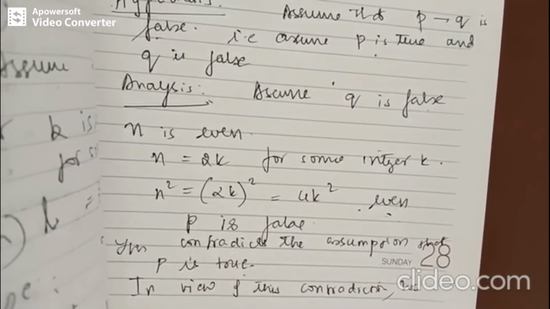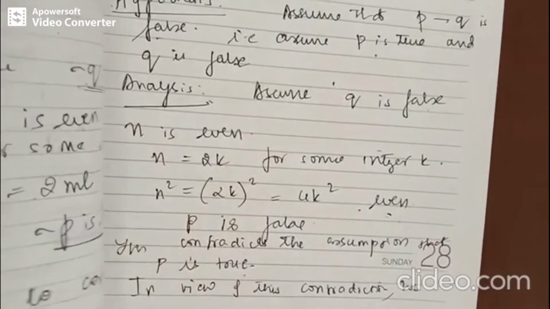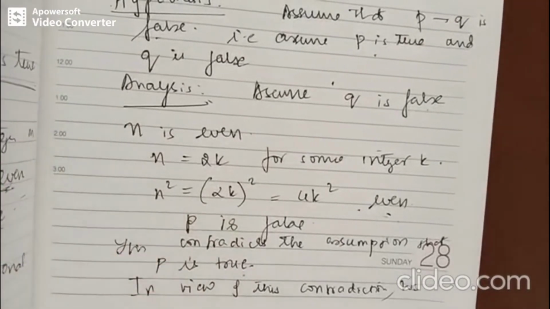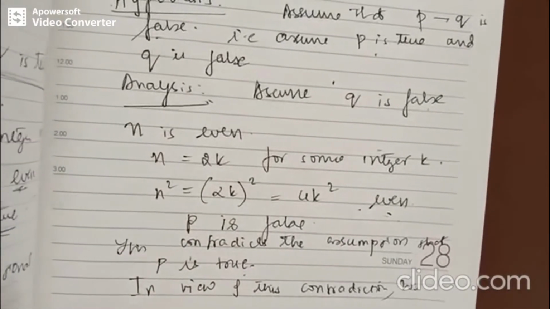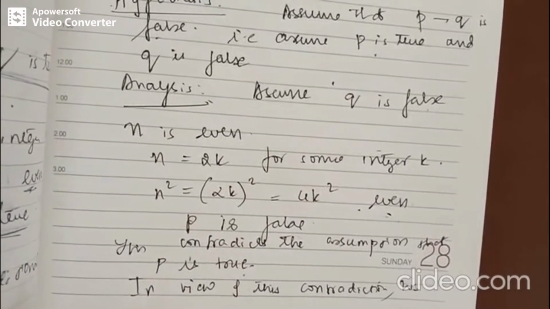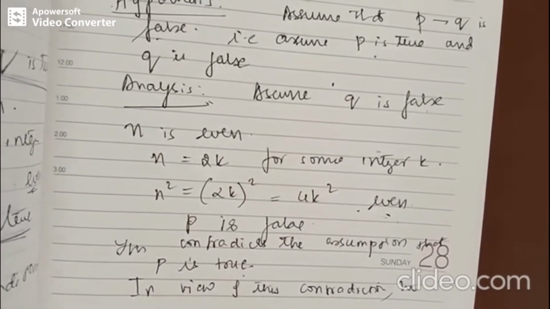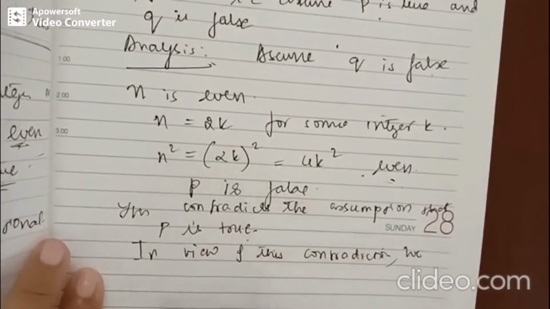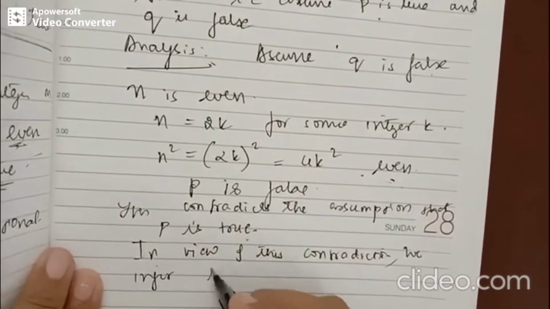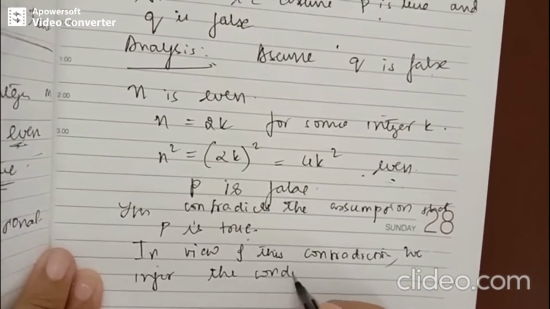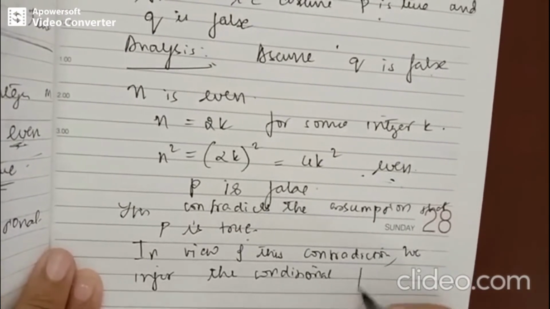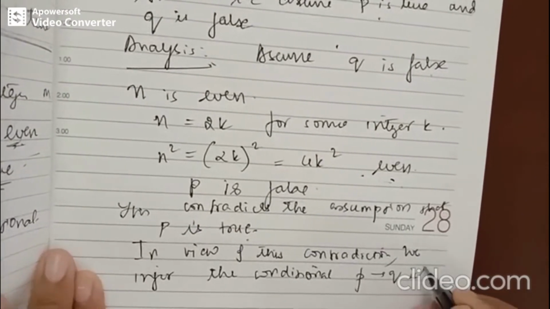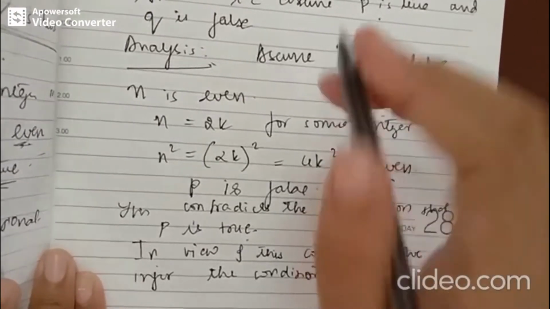we infer that the conditional P implies Q is true. In view of this contradiction, we infer that the conditional P implies Q is true, right?